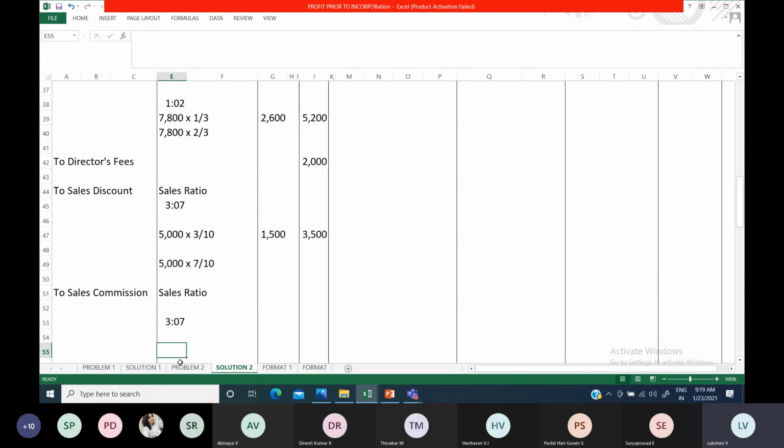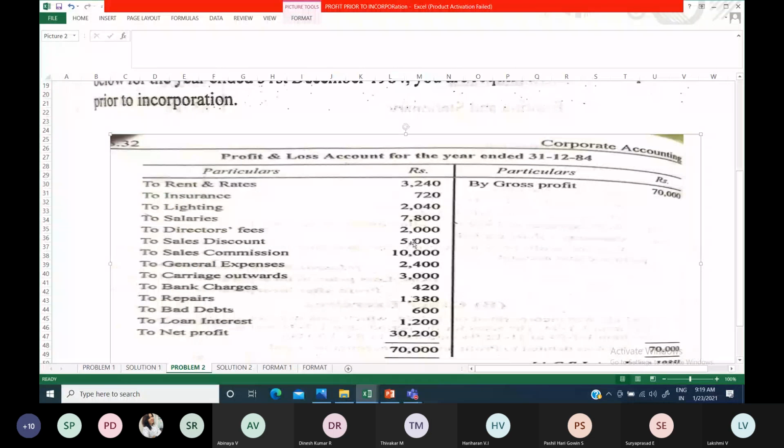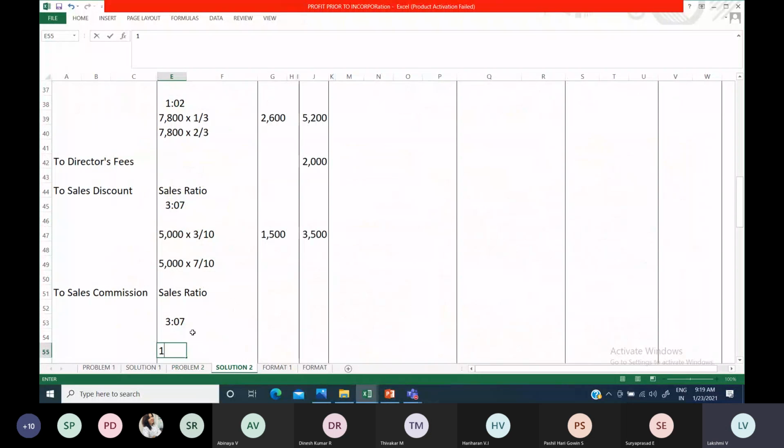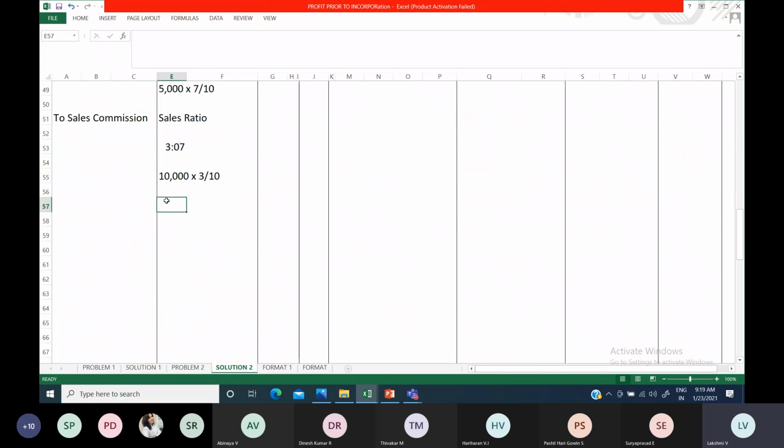So the amount will be 10,000 sales commission. So 10,000 into 3 by 10. Next, 10,000 into 7 by 10.